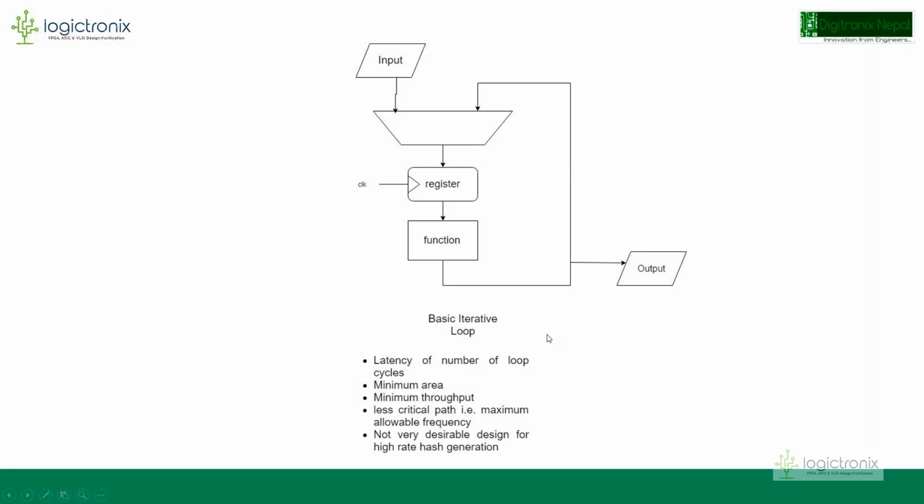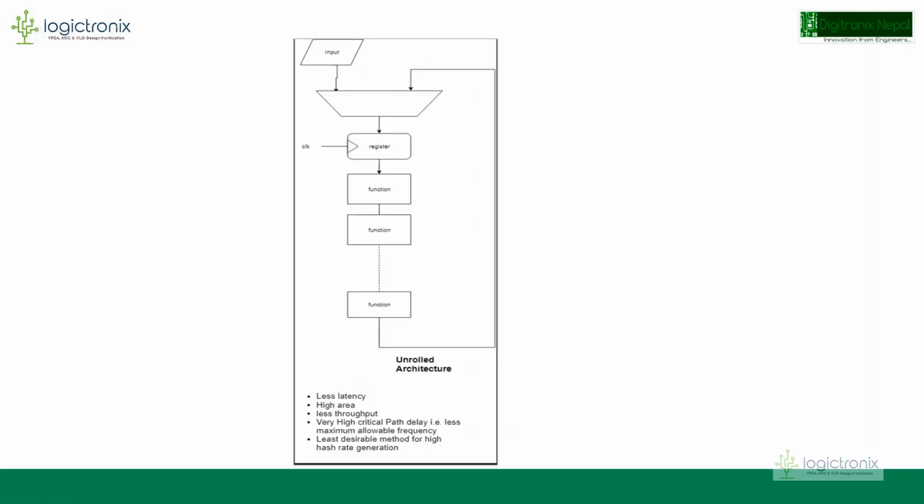So let's look at another design. In this case also we give input through this demux and pass it through the function, but this function is unrolled a number of times, maybe 4 times or 8 times, or any number of times you want.